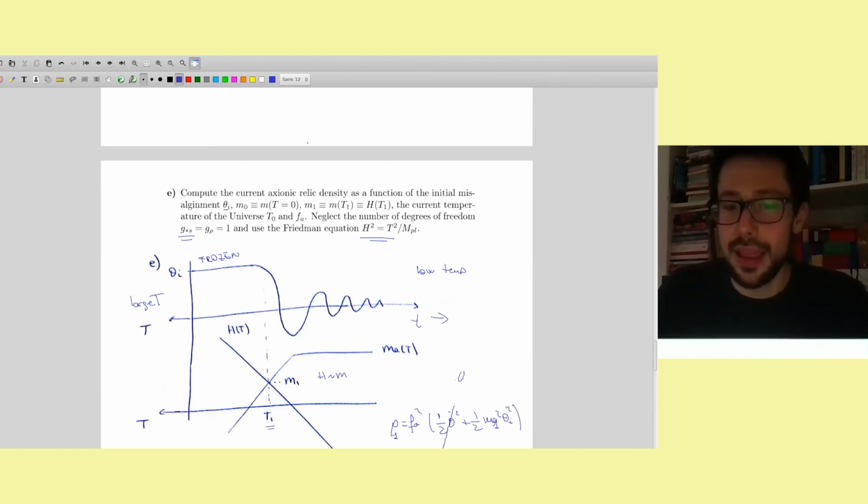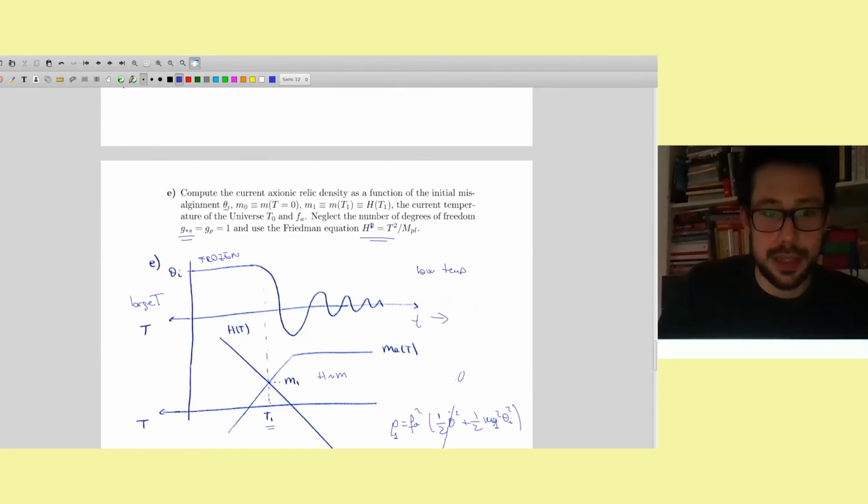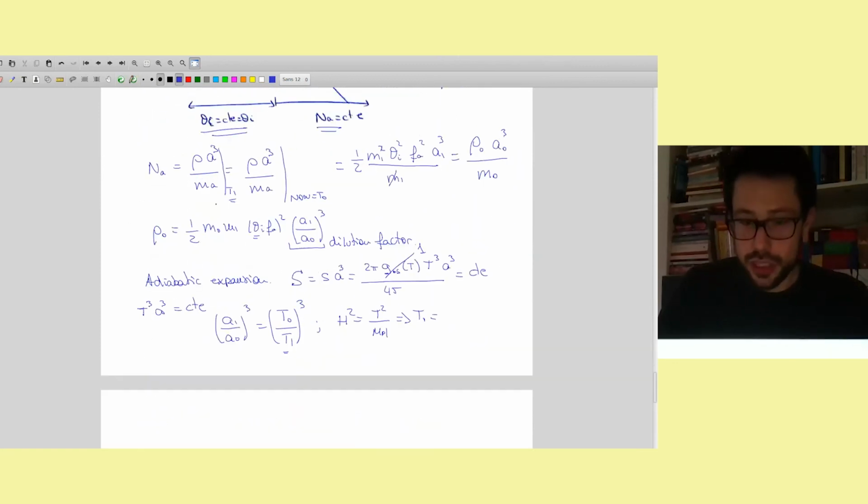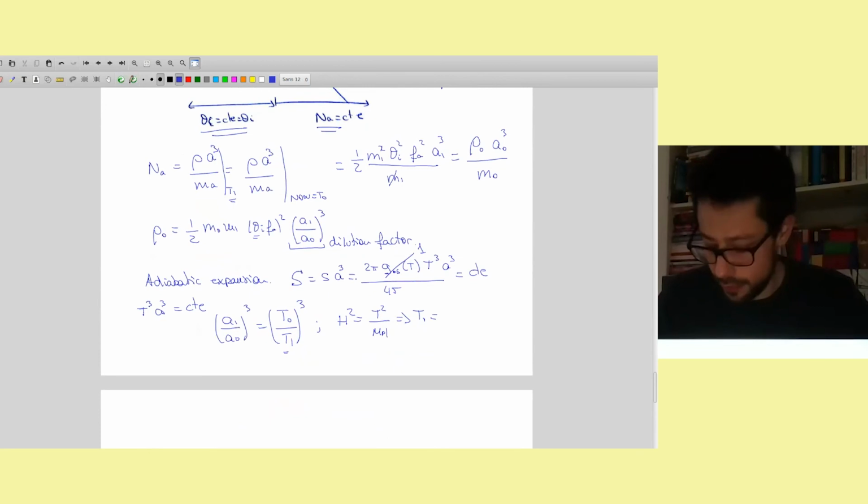Oh, sorry, here I have a typo. This is wrong. This should be H, not H squared. This is a typo, I will correct it in the exercises. And therefore, now the units are correct.